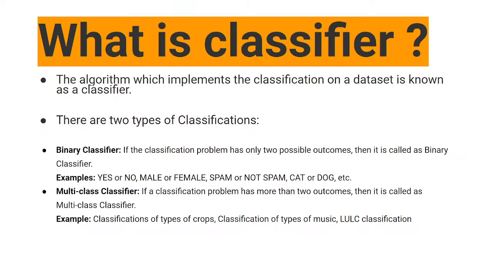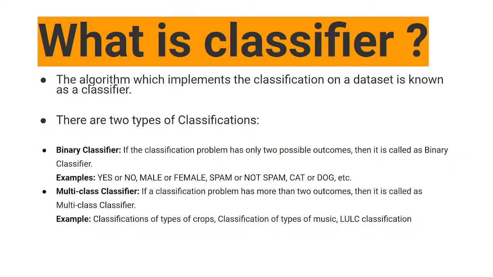And primarily we get two types of classification: one is binary, and the other is the multi-class classifier. Binary means the classification problem has only two possible outcomes. Suppose support vector machine is a binary classifier.